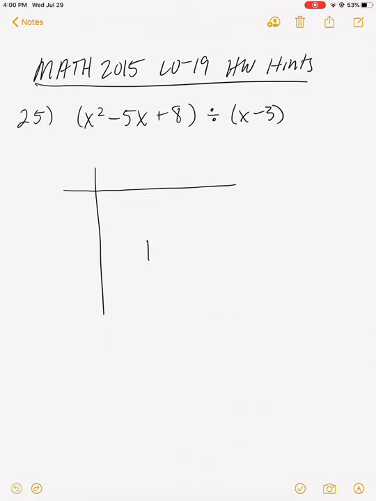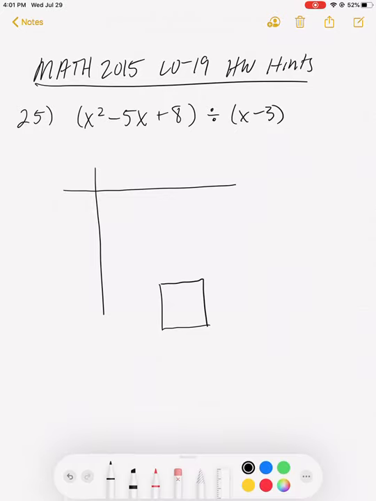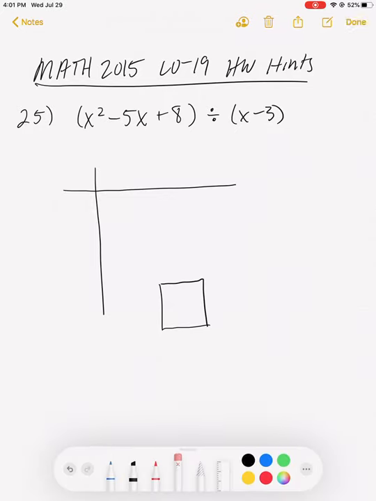Now the total I will go ahead and lay out. So this is step 1, laying out the total and the divisor. Now the total is x squared, so I'm going to draw a little square, and the x squared is going to be blue. Okay, so there's x squared.